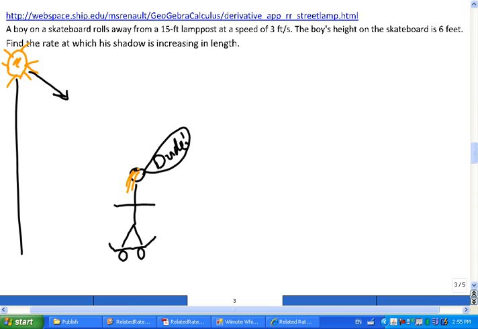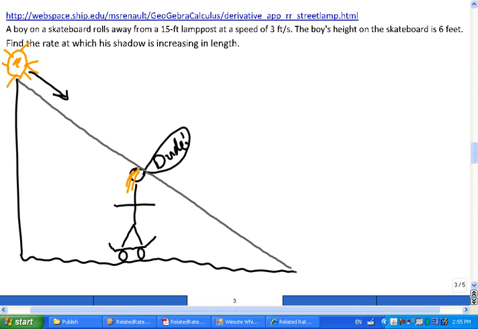So here's the beam of light as it gets to the top of the skateboarder, and this is about where the tip of his shadow would be. Here's the ground. It's not a very good road to skateboard on, but there you go. His shadow would be somewhere up there.